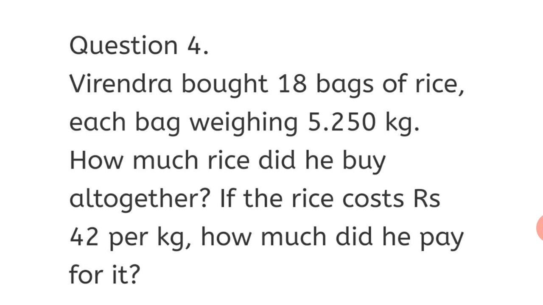If the rice costs rupees 42 per kg, how much did he pay for it? Okay, so let's understand the question first. Virendra bought some amount of rice, that is 18 bags of rice, and one bag is weighing 5.250 kg.